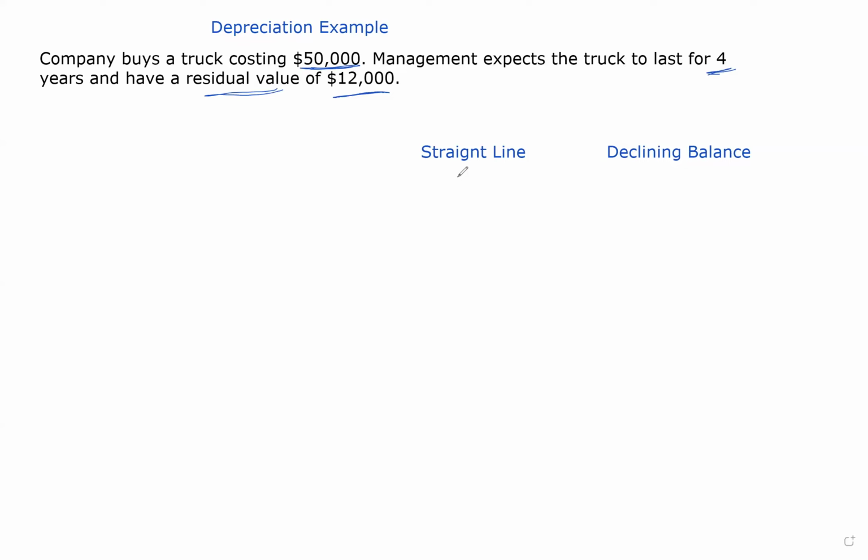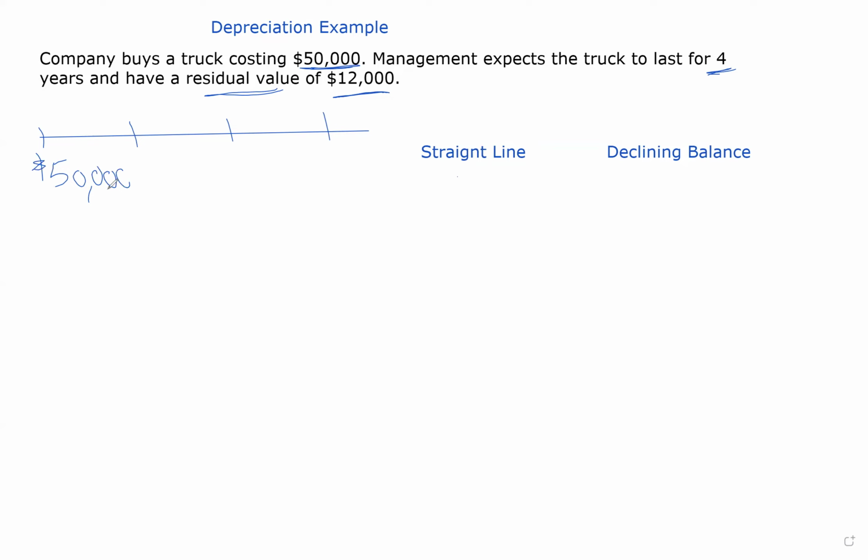straight line depreciation. So we've got this truck which costs 50,000, and in a previous video, we talked about the accountants dividing the economic life of a business into time periods, 3, 4, and expensing this entire 50,000 in period number 1 when we buy the truck.